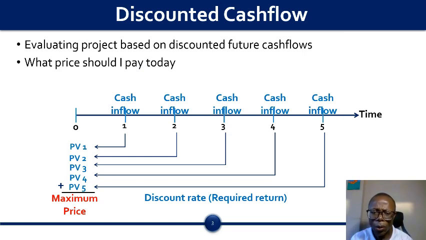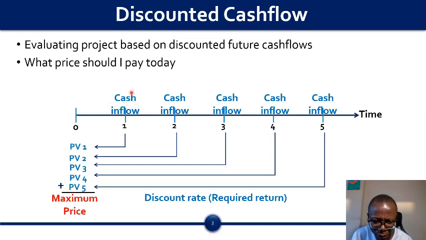The discounted cash flow method is premised on the idea that the price you pay for an investment is a factor of the cash flow the business generates. So basically, you are discounting the cash the business is generating, as shown in this timeline. In this timeline, we have 5 periods.